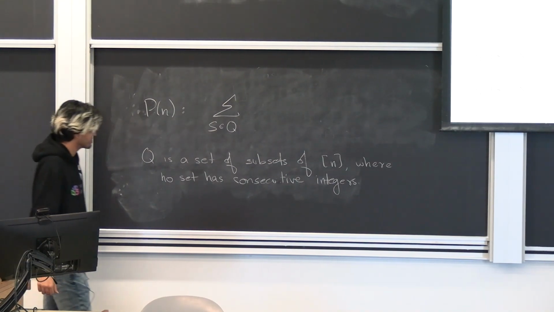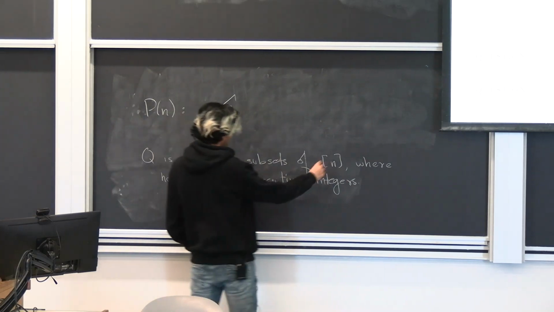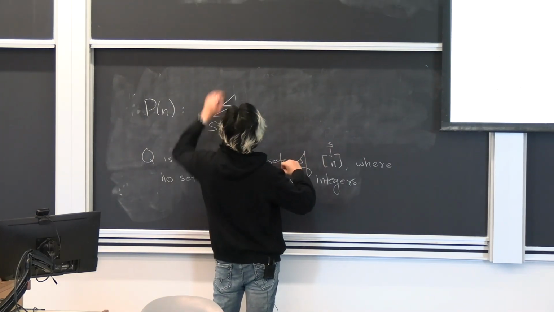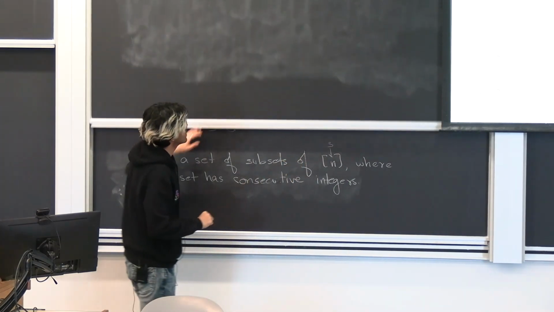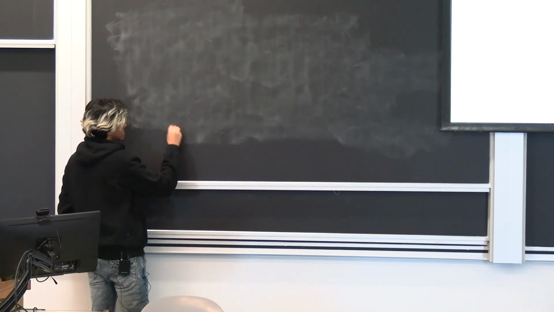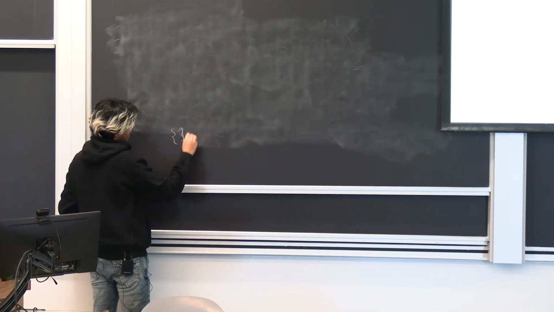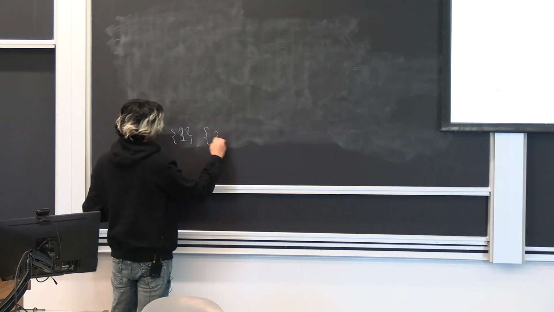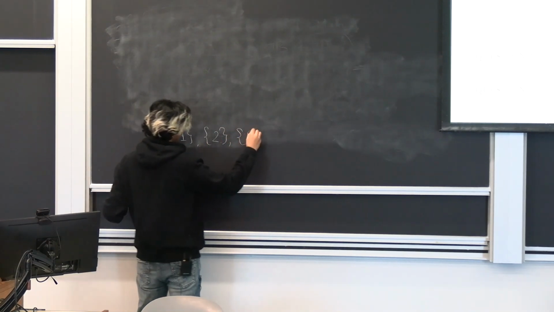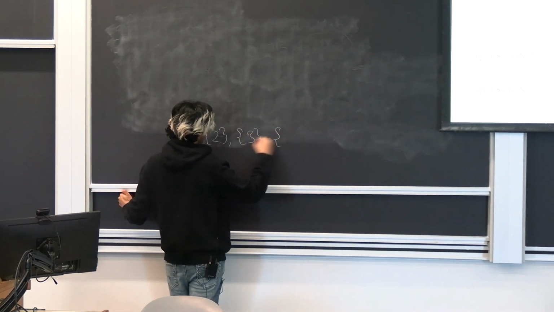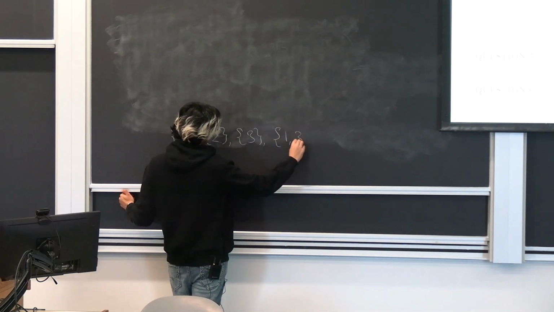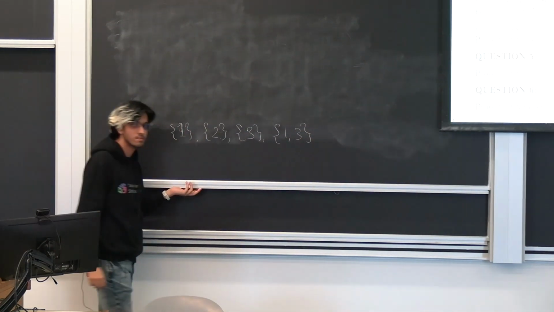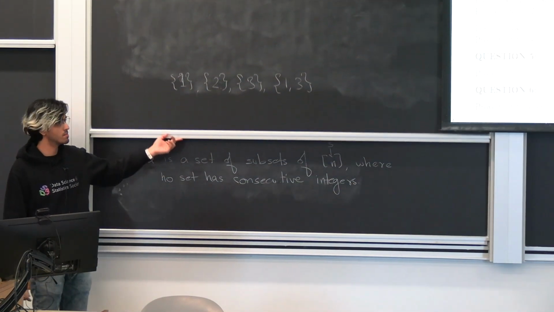So for example, if n is 3, you would have 1 is fine, 2 is fine, 3 on its own is fine, but you can't have 1, 2, or 2, 3. 1, 3 is fine. Right?